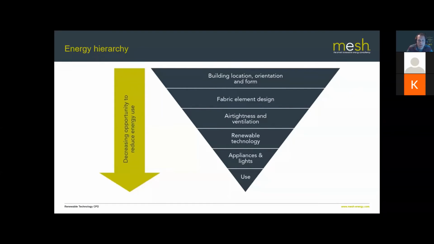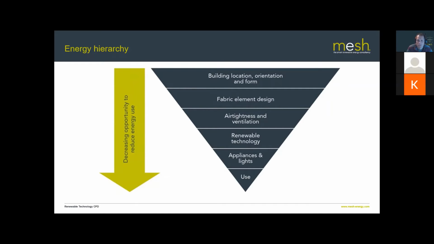So let's start with where we are. The building location, orientation and form, well, that may well be fixed. You probably can't change that very much. Fabric element design, well, you might be able to change that because you might be able to, say, improve the insulation. You might be able to put window films onto windows to reduce solar gain. And you may be able to increase the air tightness of a building, which is normally associated with improving heat loss rather than heat gain.